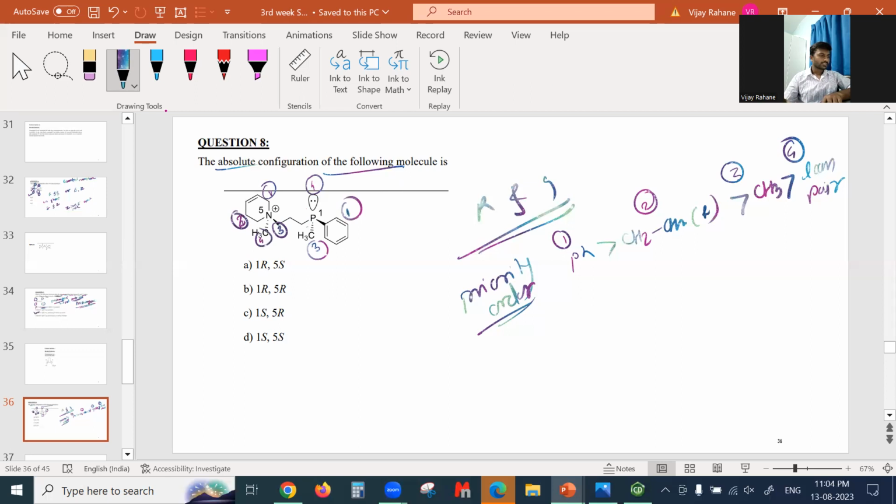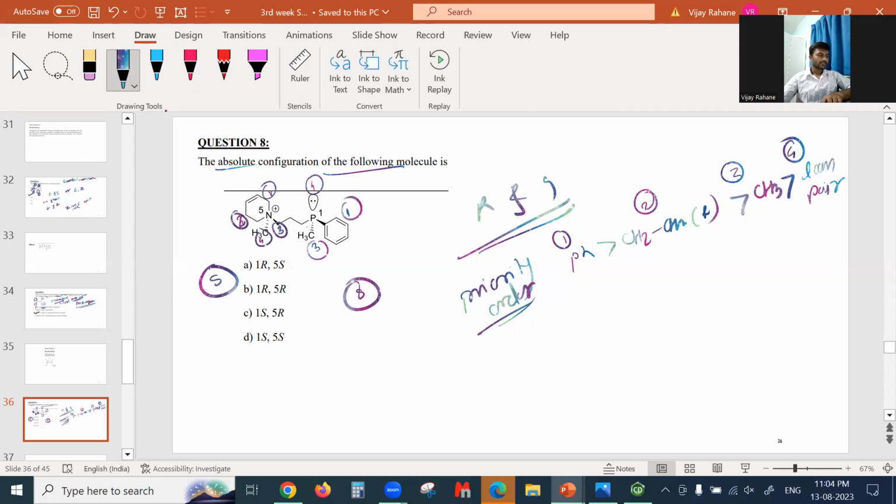And here, 1, this side chain will be second, and methyl will be third. And if you look from this side, it's also an S configuration.